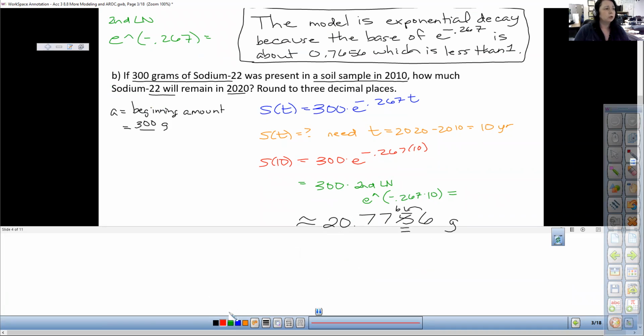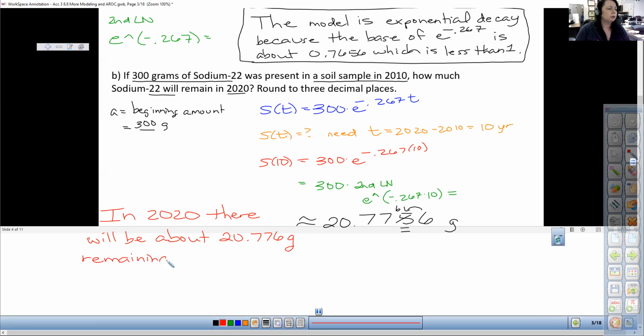So my conclusion will be in 2020, there will be about 20.776 grams, and abbreviation, remember, would be just g, remaining in the soil sample.